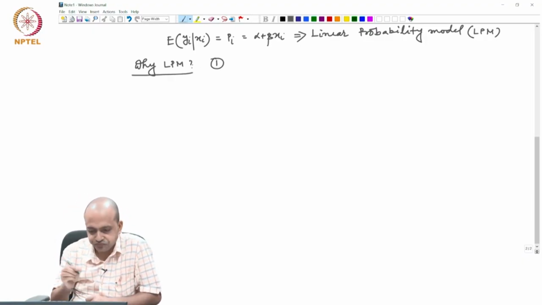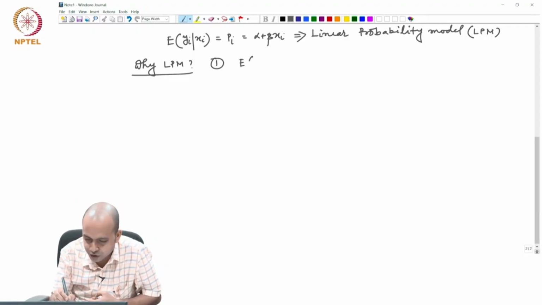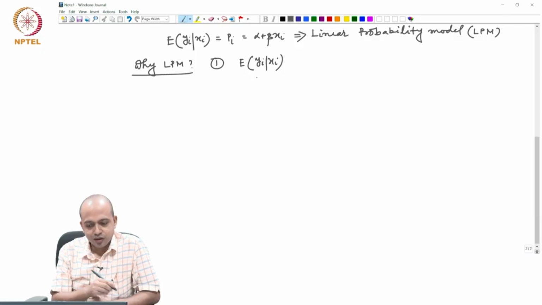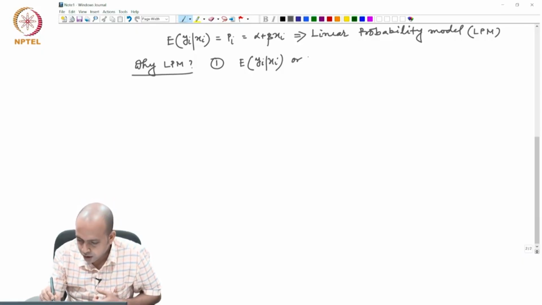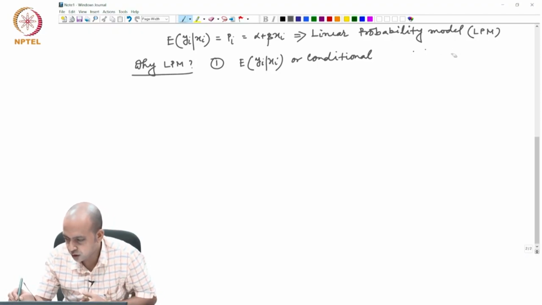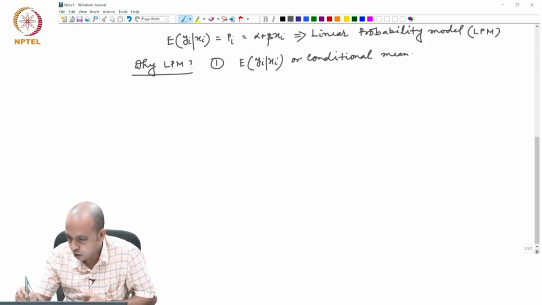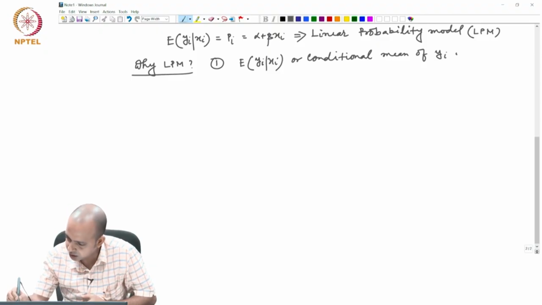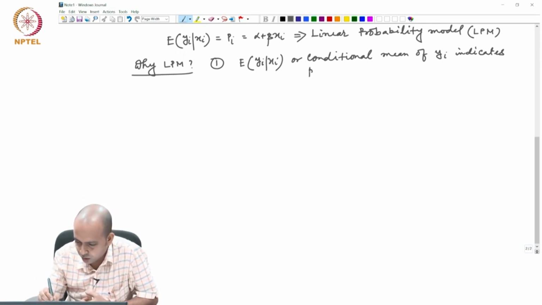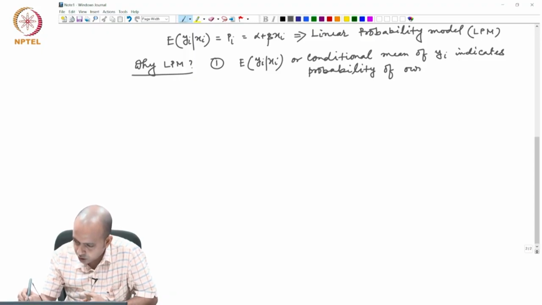First of all, unlike other cases, here the expectation of yi given xi, that is, the conditional mean of yi, basically indicates the probability of owning a car.